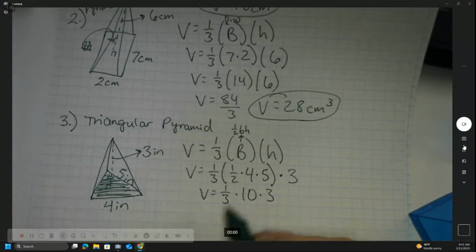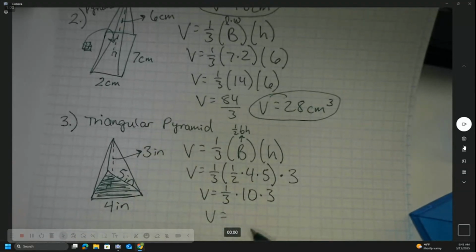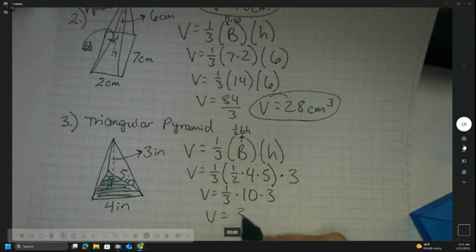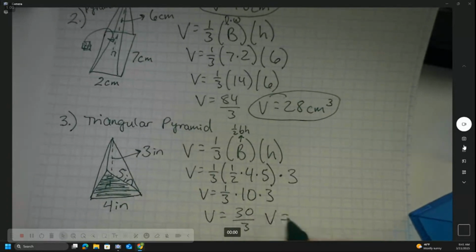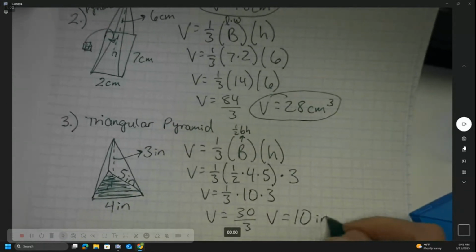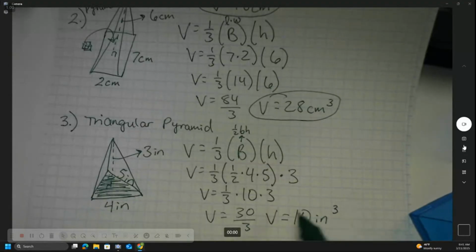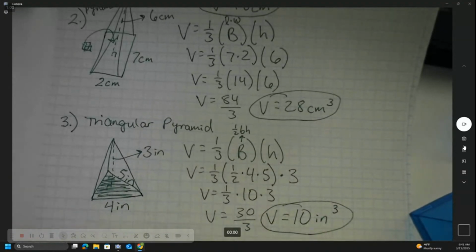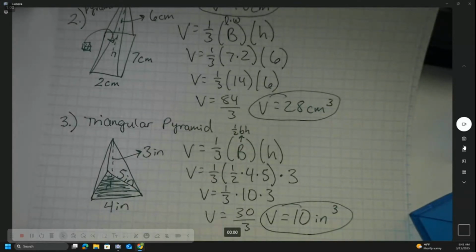And then you can divide 30 by 3, or 1/3 times 30. It's the same thing. Your volume would be 10 inches cubed, because you're solving for how many cubes fit inside that triangular pyramid. So those are 3 examples of solving for the volume, how many cubes actually fit into a pyramid.